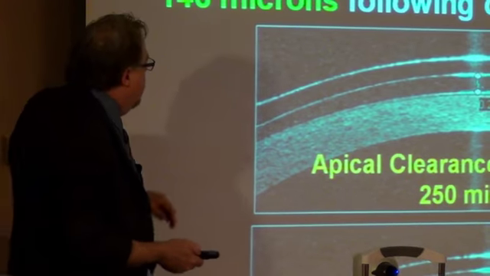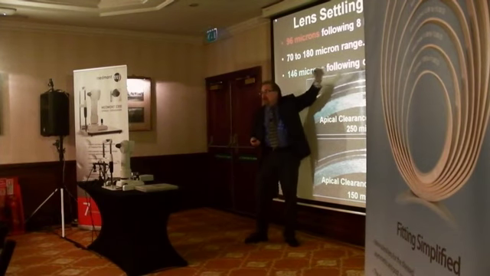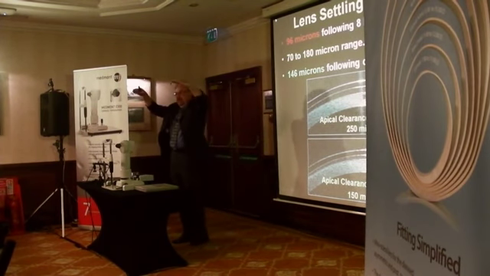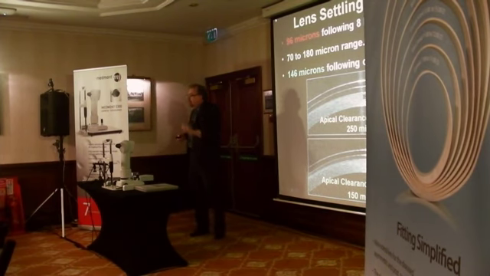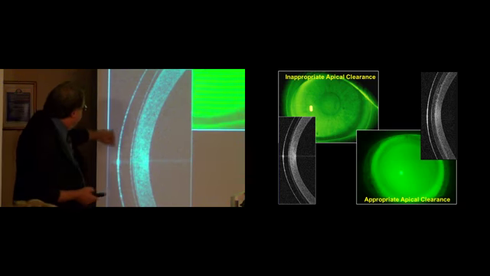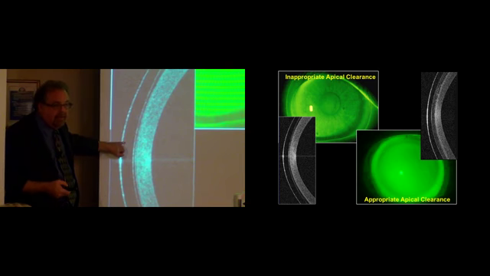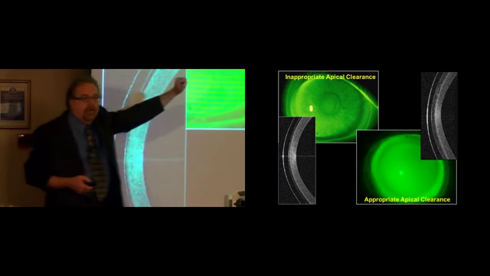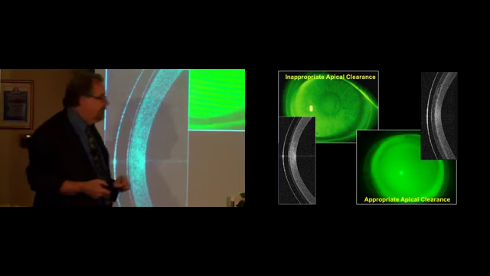This is why we have to initially overshoot our amount of apical clearance to compensate for that settling effect as that lens comes to rest on the bulbar conjunctiva. So if we start out with a contact lens like this, where we have minimal apical clearance, we're going to run into serious problems.